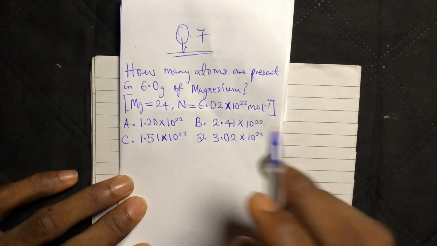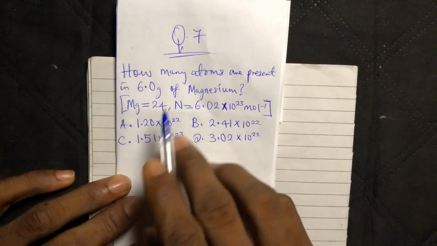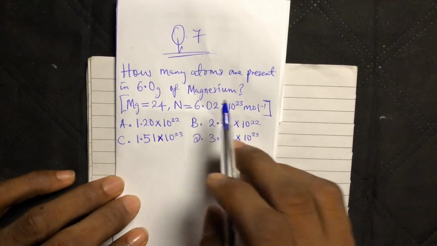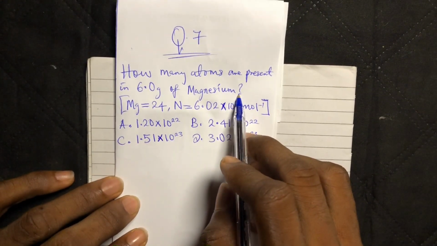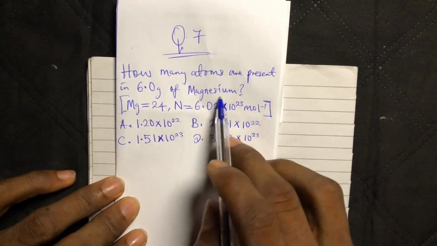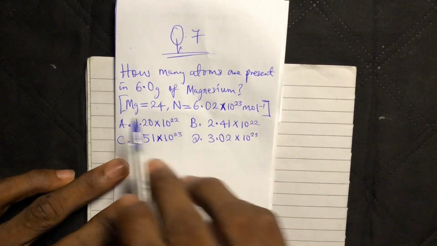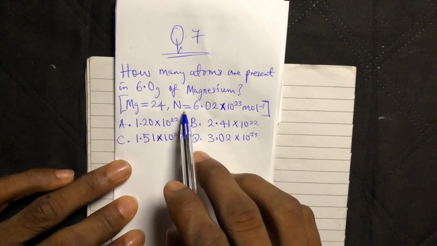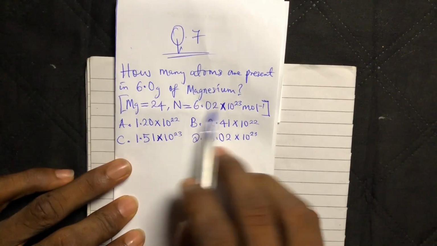We have our question 7, and question 7 says, how many atoms are present in 6.0 grams of magnesium? And in brackets, we are being given the mass of magnesium to be 24. And the number of atoms, this is a constant, all right?